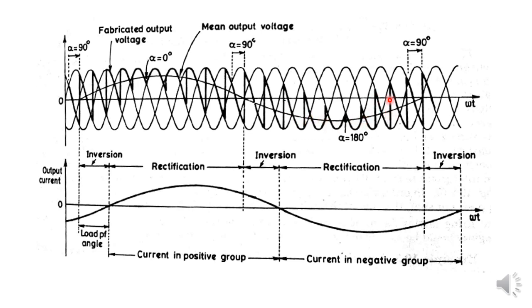We have to admit that the cycloconverter output has a greater amount of harmonics than the other types of converters, but if we are okay with the harmonic content, then we can go for a cycloconverter, which is easy to control. And this shows the current waveform, which is somewhat lagging behind the input voltage.